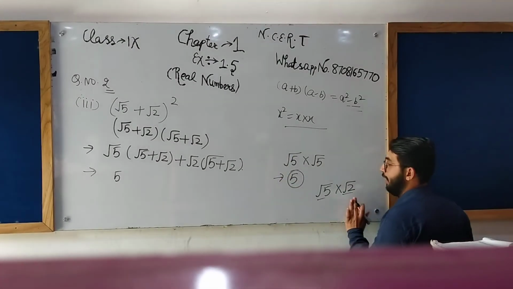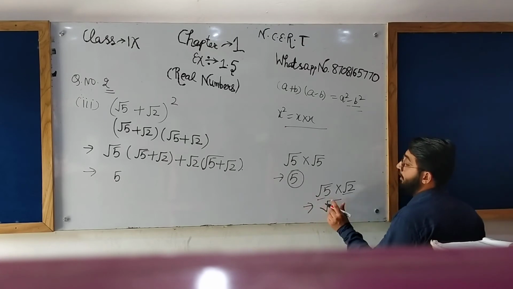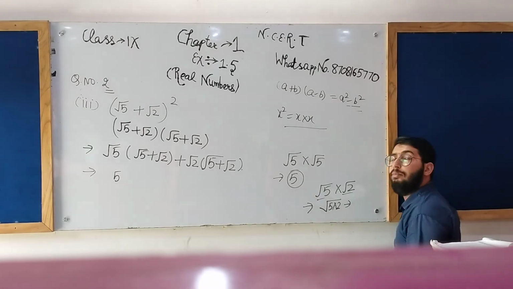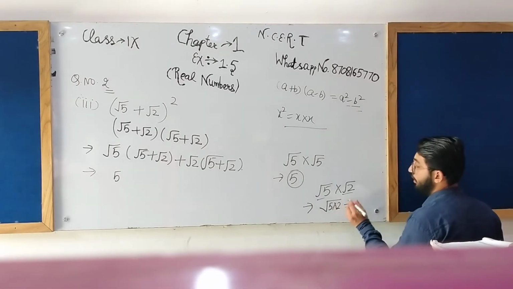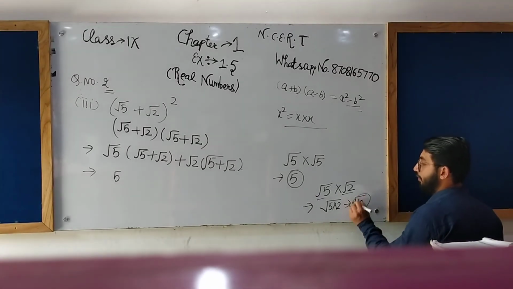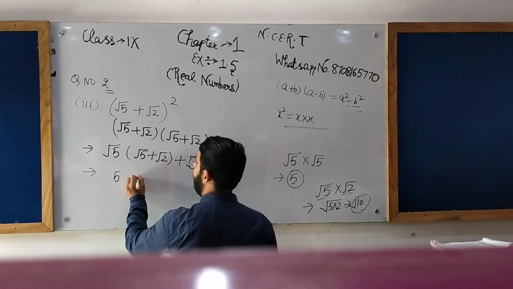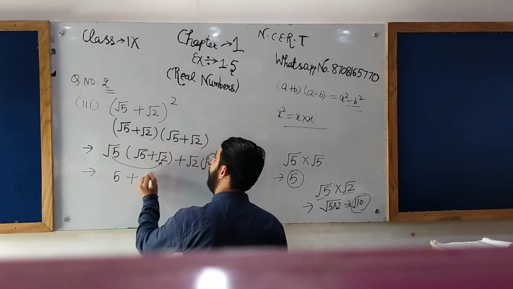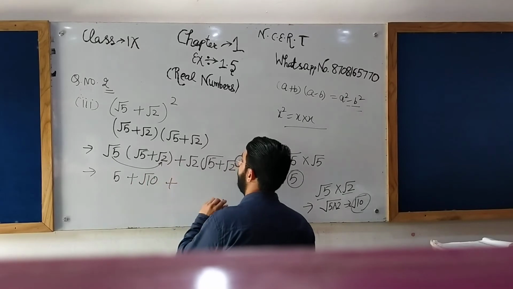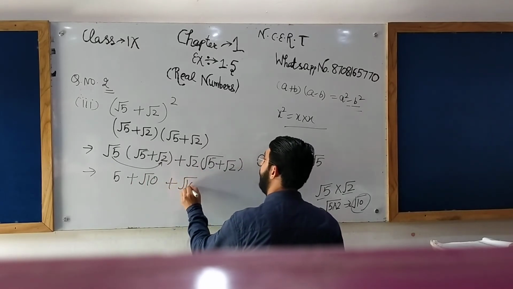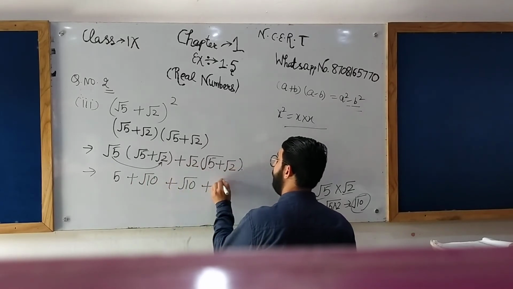Here the square root cannot be removed. 5 2s are 10, they will come in the same root. It will be root 10. Root 5 into root 2, again root 10. Root 2 into root 2, 2.